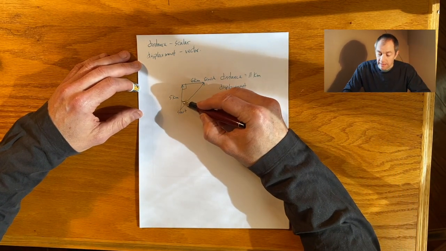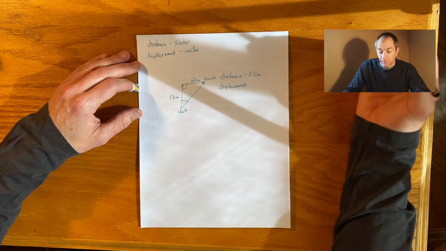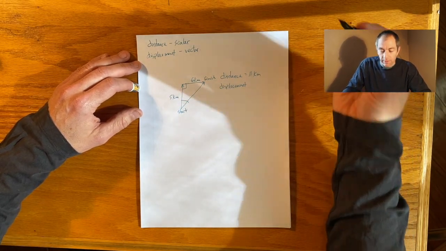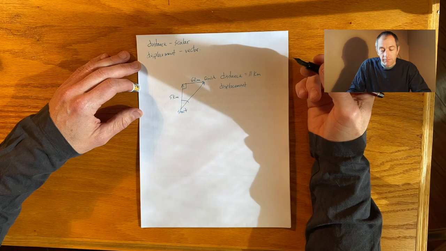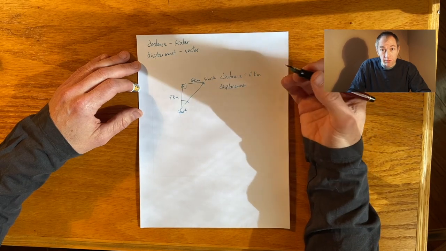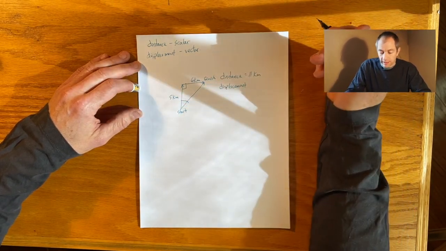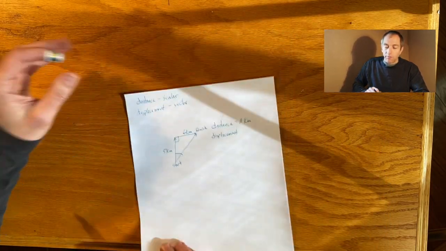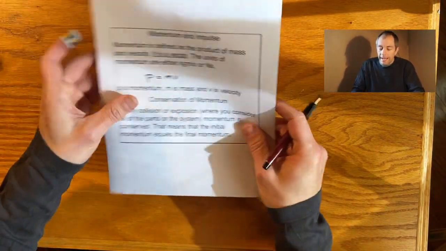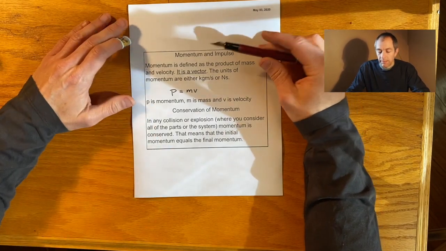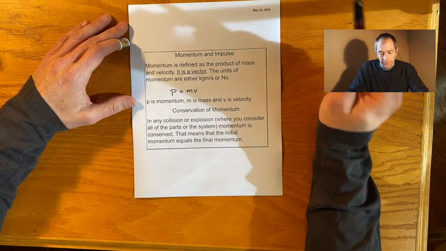And then we'd have to find the angle there as well to give a proper full answer. Because as you might remember, vectors have to have a magnitude, which is the number, and a direction as well. So when we're back to this, we're talking about momentum as a vector.